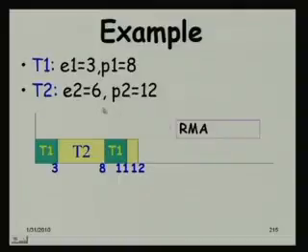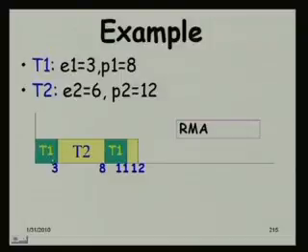Okay, this is one example where they produce different schedules. See, task T1: the execution time is 3 milliseconds and the period is 8 milliseconds; T2 is 6 and 12.